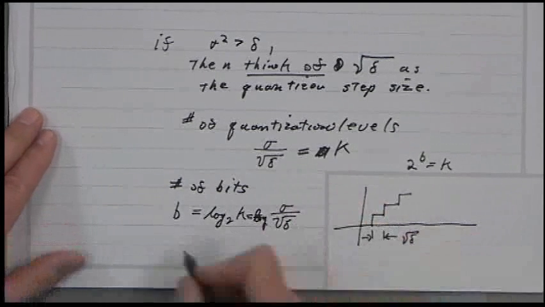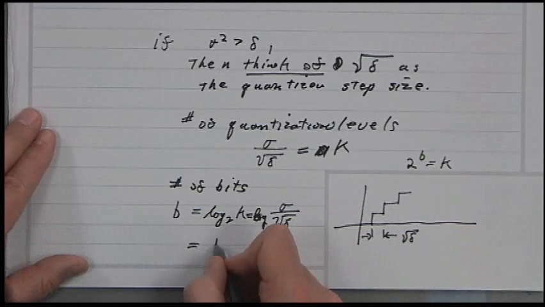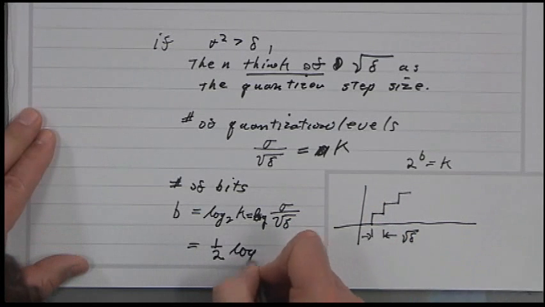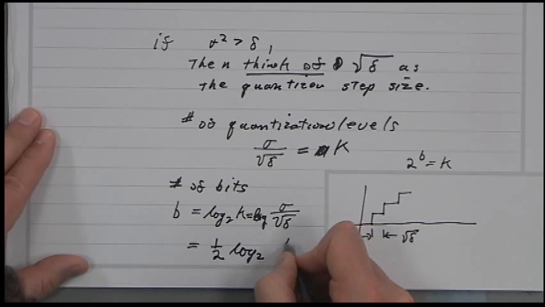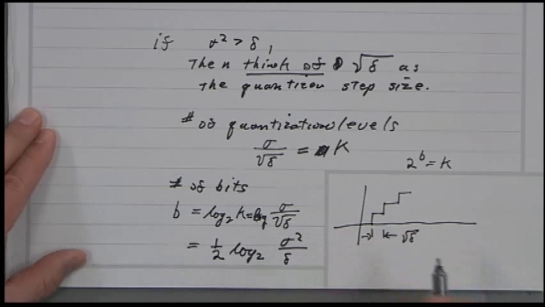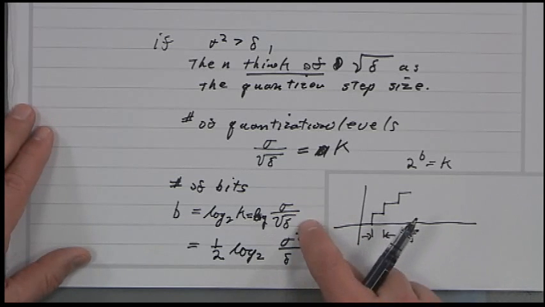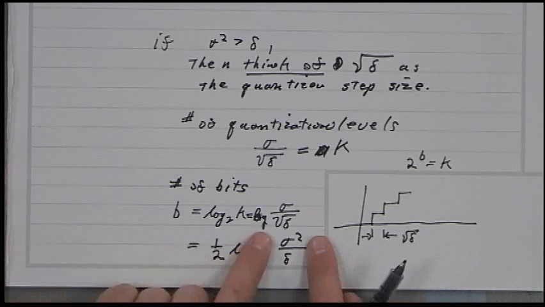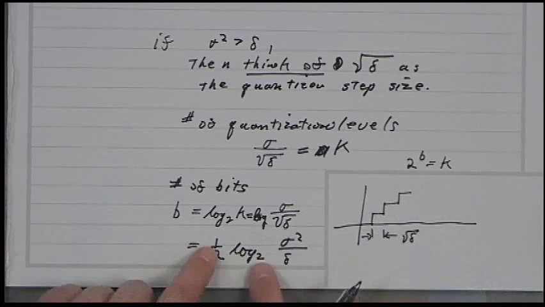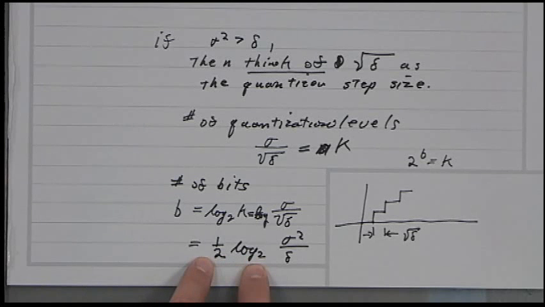So that's going to be equal to 1/2 the log base 2 of sigma squared over delta, because sigma squared over delta is just sigma over the square root of delta, squared. But I'm taking the log base 2, so I divide by 2.